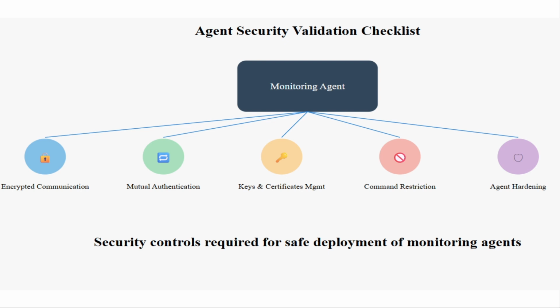How are encryption keys and certificates managed? Can you restrict which commands the agent is allowed to execute on the monitored server? Can the agent be hardened, for example, by running it with least privilege permissions? At the end of the day, an agent that is capable of executing commands on a server operates with significant privileges. For that reason, it should be treated as a security-sensitive component in its own right.